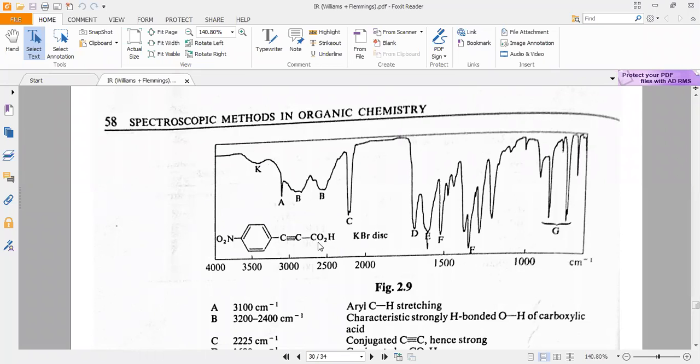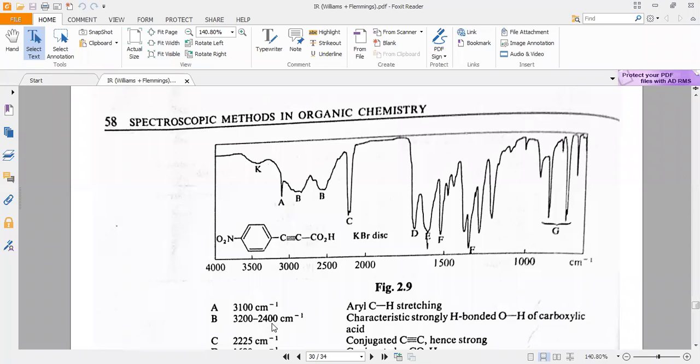And similarly, just look further. The signal A is appearing around 3100. These are the stretchings. But carboxylic acid is showing an absorbance which is very roughly estimated in this case. So these are the signals: A is 3100 and B is 2400 to 3200.